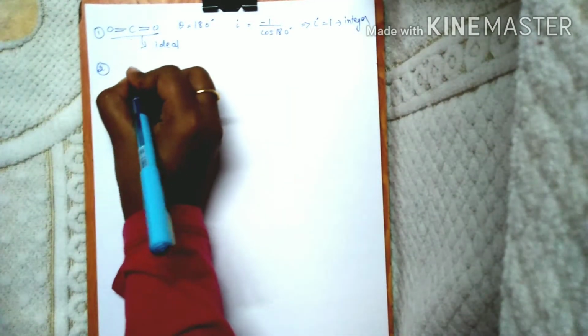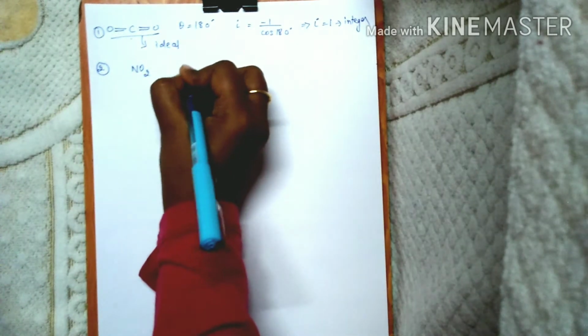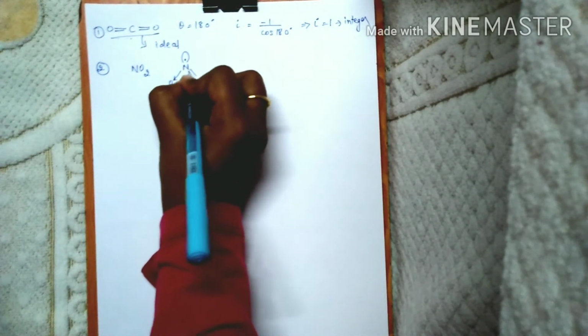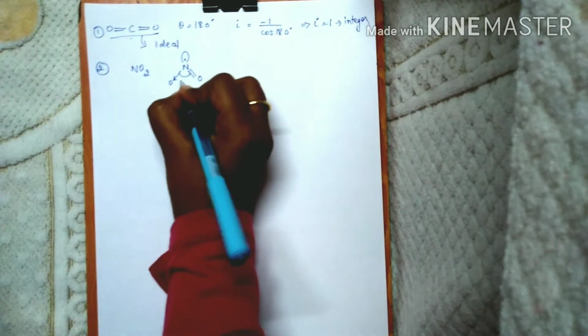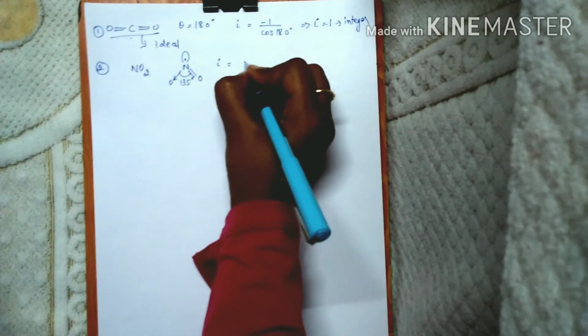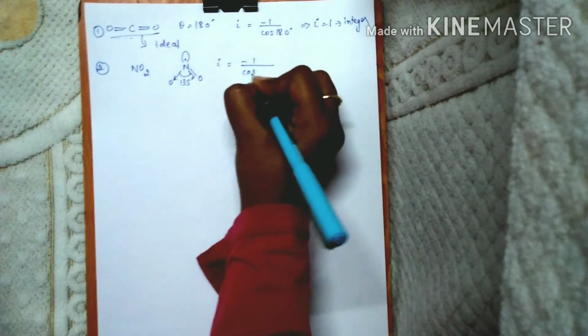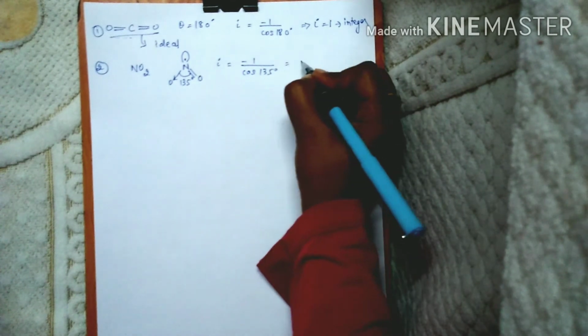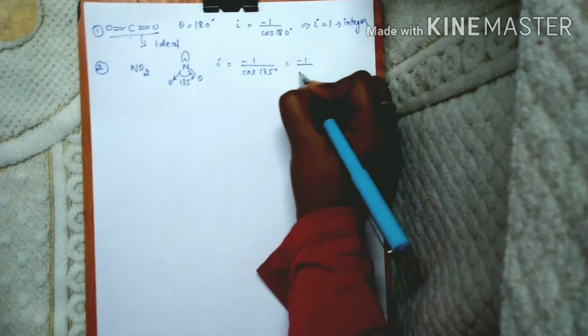Next, you can take the example of NO2. This angle is 135 degrees. If we take out I, that will be minus 1 upon cos theta, that is cos 135 degrees. Cos 135 comes out to be minus 1 by root 2.